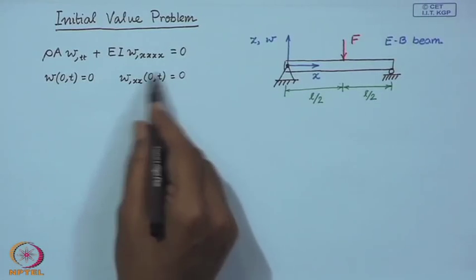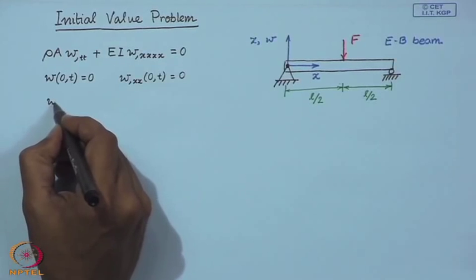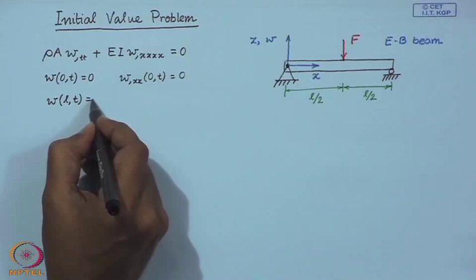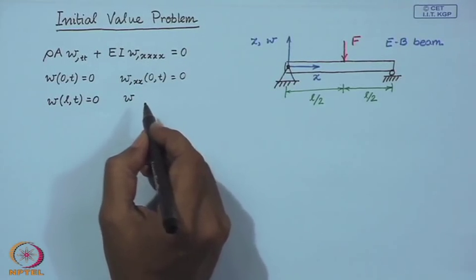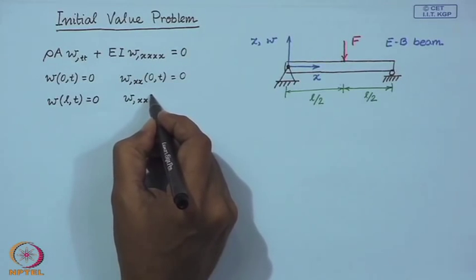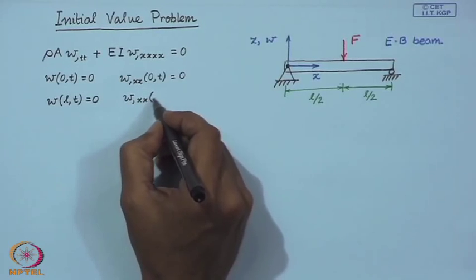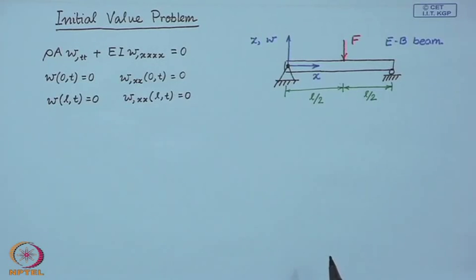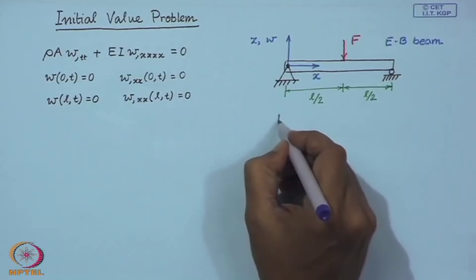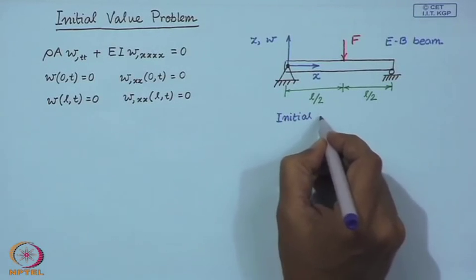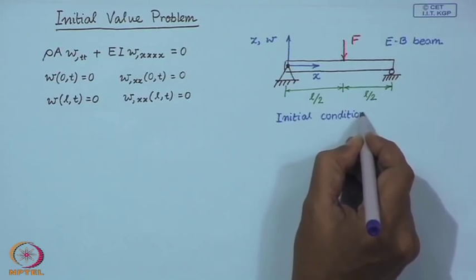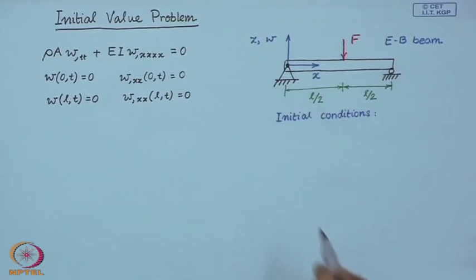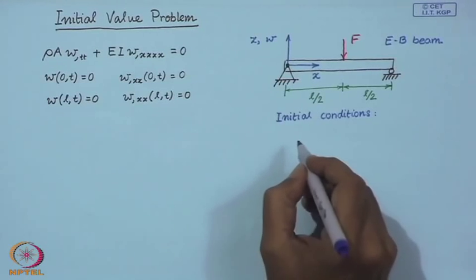The deflection is 0, and the bending moment is 0 at x equal to 0, and in the same way at x equal to L. Now, the initial conditions: we need to determine the initial conditions, which is the deflected shape of this beam.